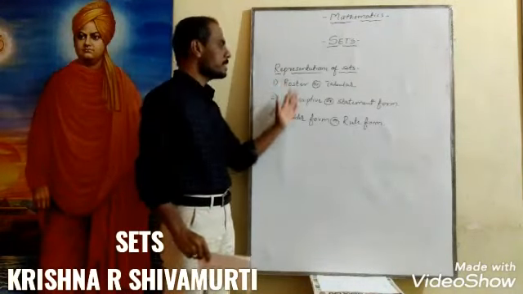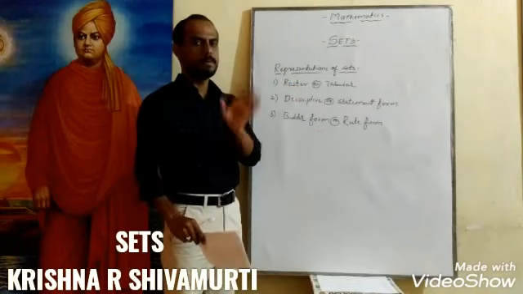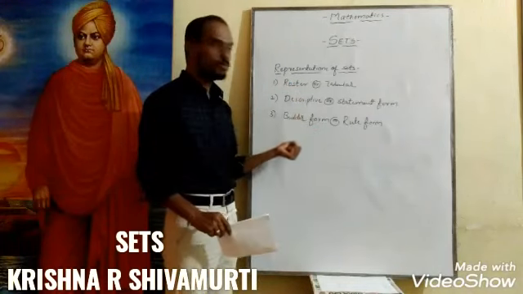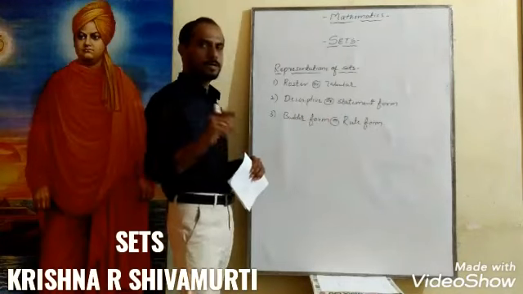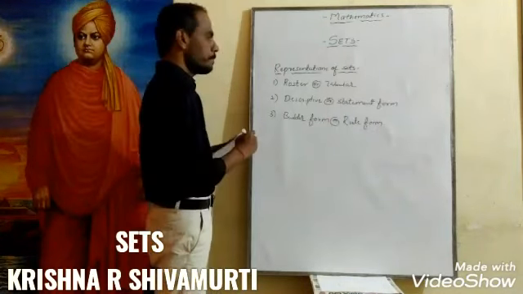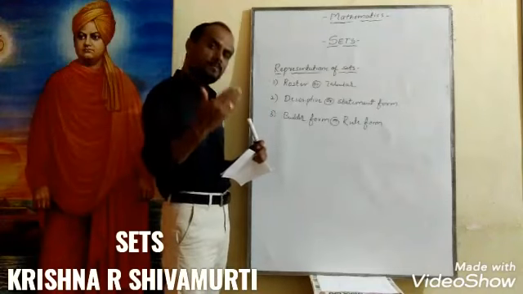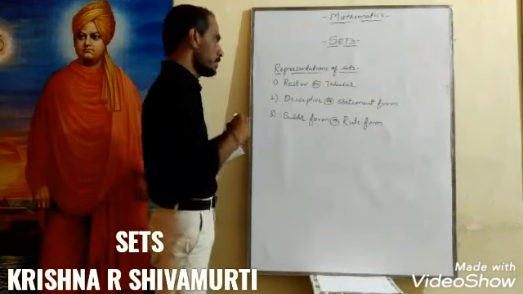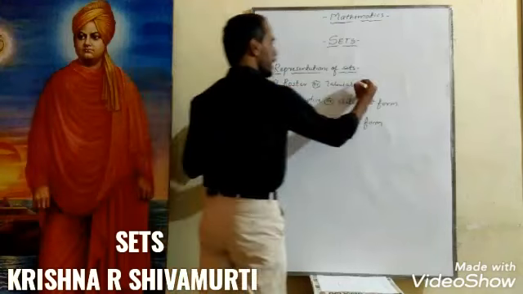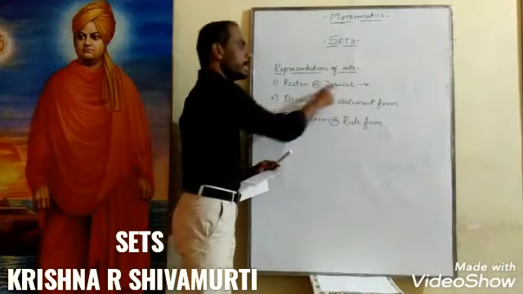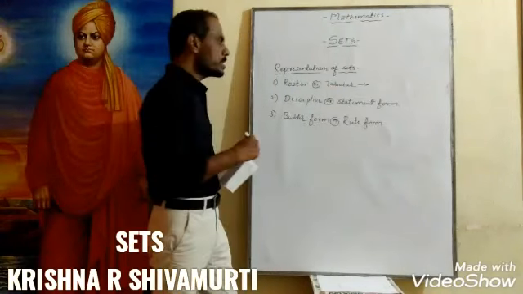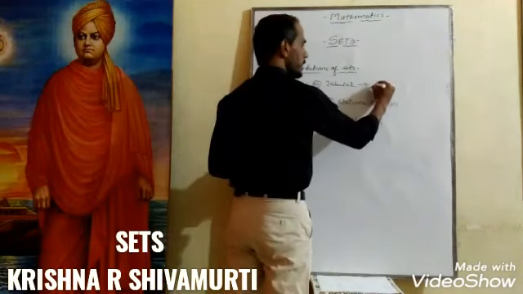If I just state the three kinds, giving only the names, you will not understand. So let's take an example so that you understand better. Listen, students, I will take one example and show how it is represented in the different forms. In the first kind, the roster or tabular form, how is it represented?